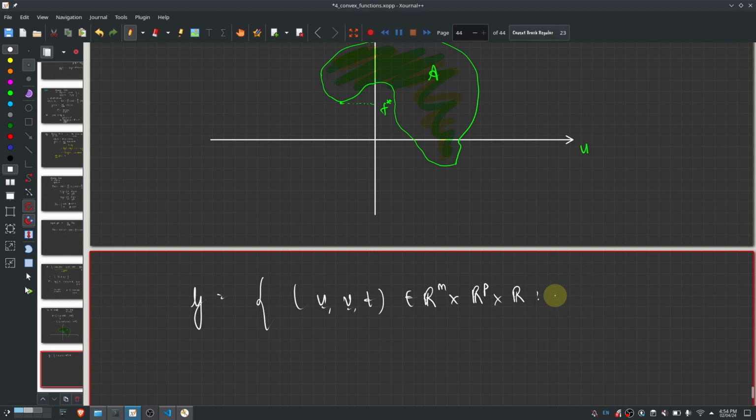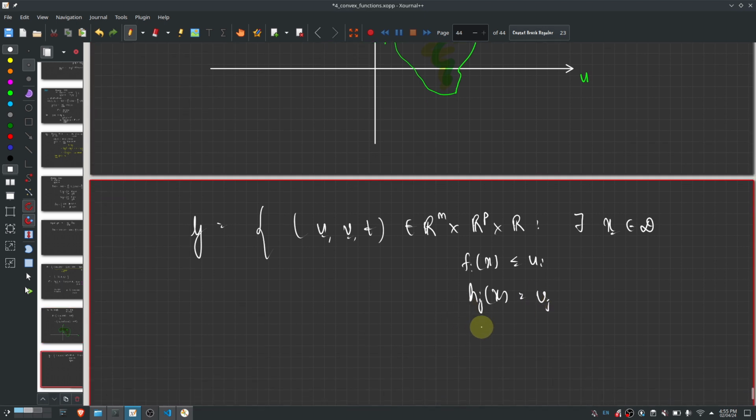such that there exists some x in the domain for which fi of x is less than or equal to ui, hj of x is equal to vj, and f0 of x is less than or equal to t.